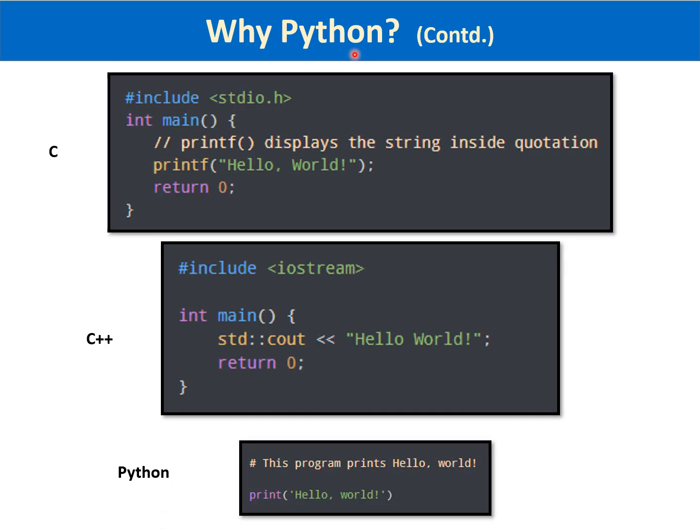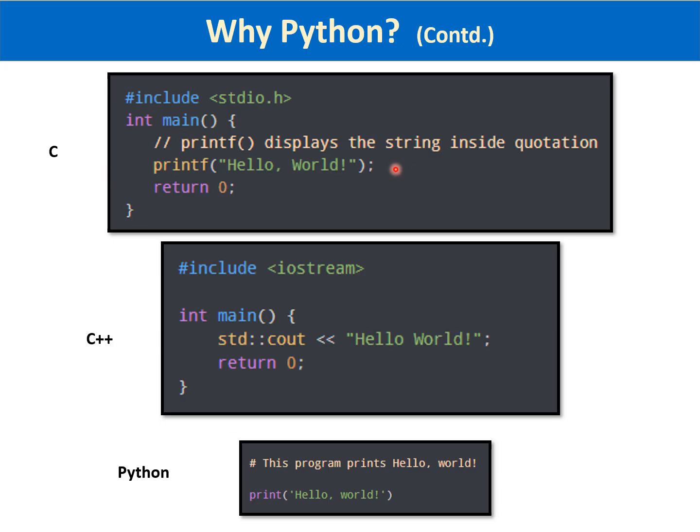Again, just to illustrate the point of elegant syntax, which is easier to read and write. It is customary for those learning programming to write printing hello world as the first program.